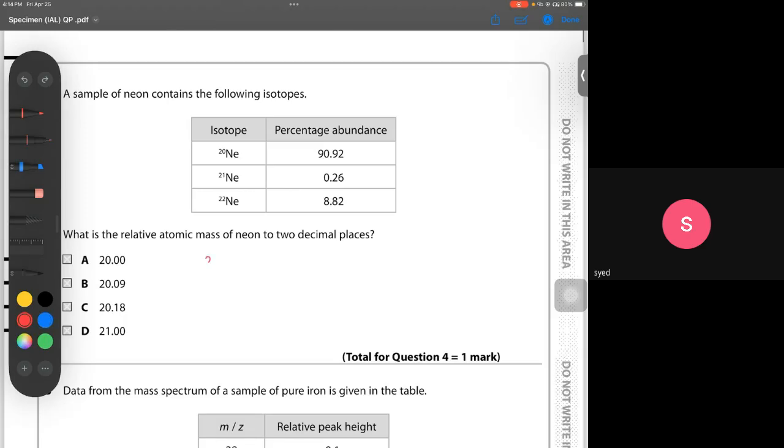So 20 multiplied by 90.92 plus 21 times 0.26 plus 22 times 8.82, divided by 100, is going to give you the Ar of neon. Can you tell me the answer?